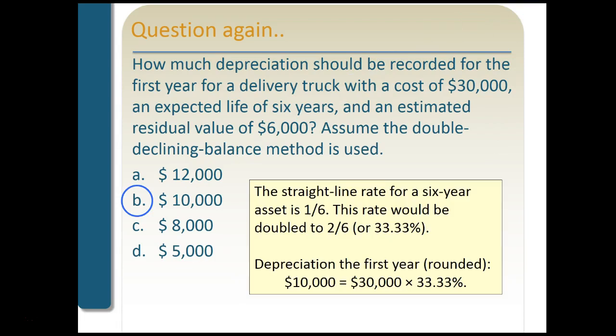So basically, under straight line we would normally take 1/6 per year, but under double declining, we're going to double it, or take 2/6 each year. So the $30,000 cost, we don't subtract the residual value in year 1, times 33.33% would be $10,000 of depreciation expense for the first year of this asset.